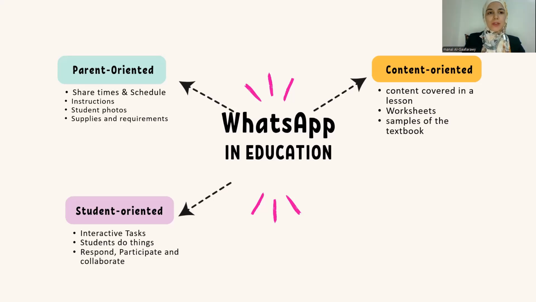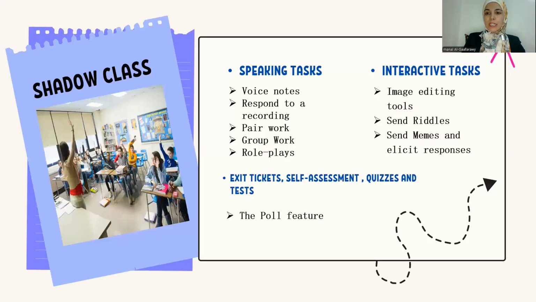So if we look at the three corners, mostly our use of WhatsApp groups with our students, specifically in schools, is focused on the first two uses, the content-oriented and the parent-oriented. Students are not active in that process. So what we need to do is to gear that use towards the benefit of students, and to use WhatsApp groups as a shadow class.